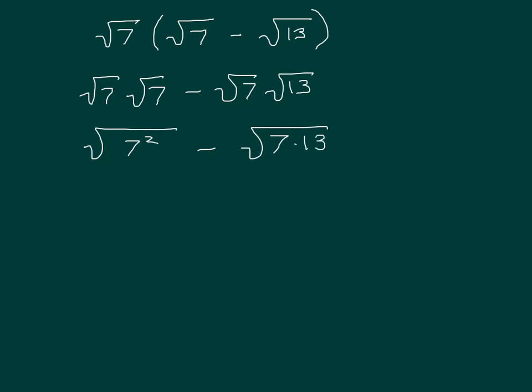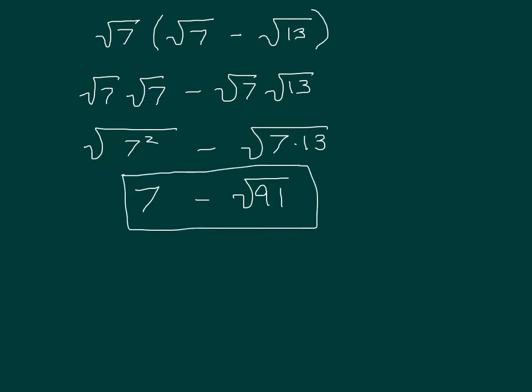So on the left, the square root of 7 squared is 7, and on the right, 7 times 13 is 91, so we have the square root of 91. And that is as simplified as you can get it.